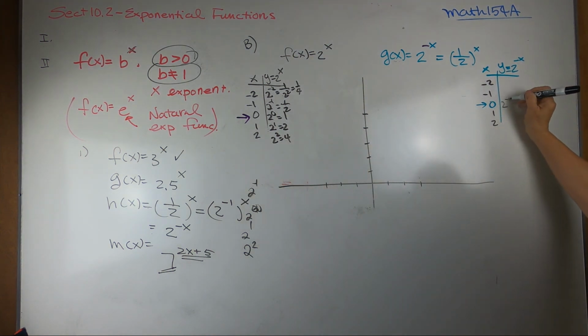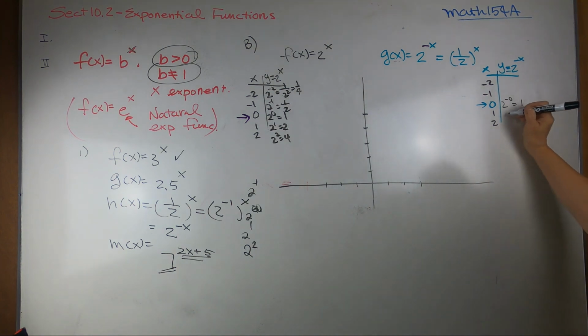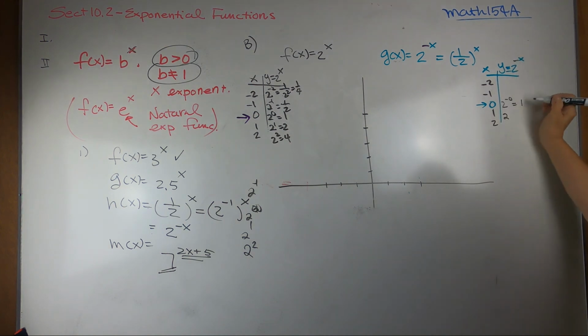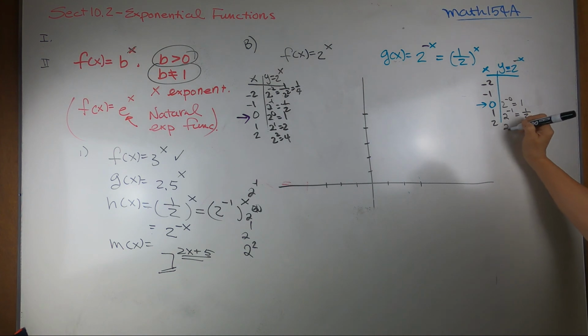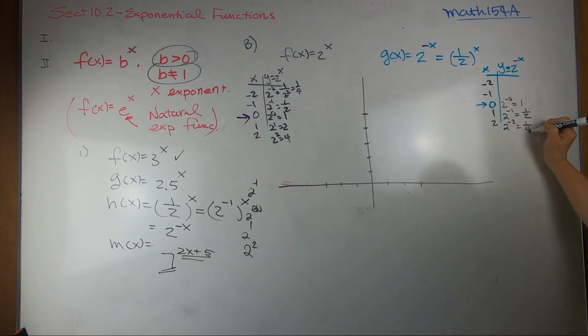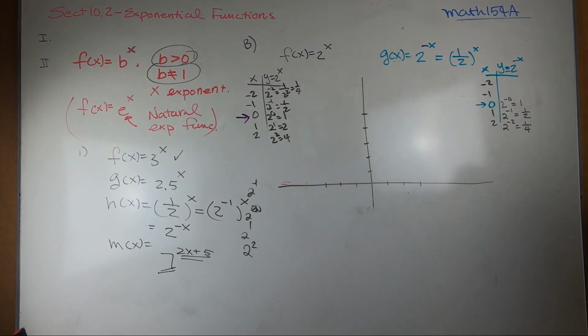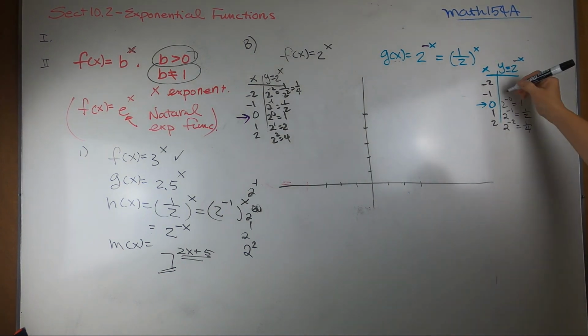So 2 to the negative 0 is what? 2 to the 0 power is 1. Then when x is 1, you have negative 1, it becomes half. 2 to the 2 power with negative will be 1 over 2 to the second power, which is 1/4, right?